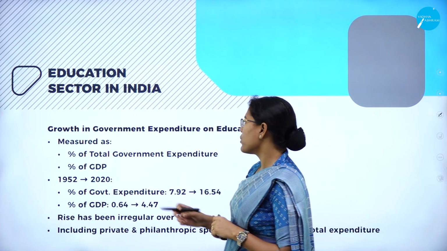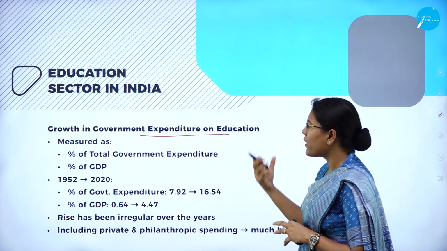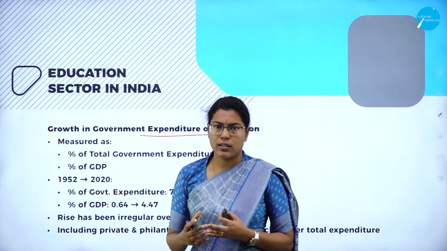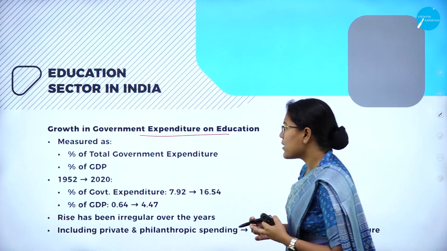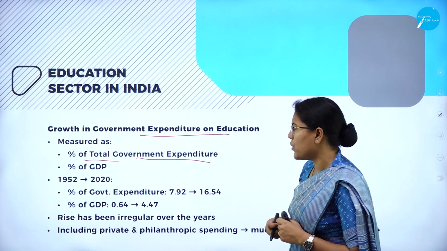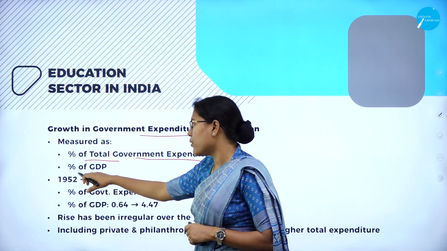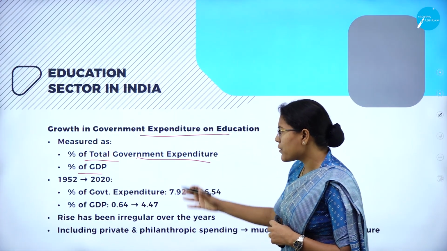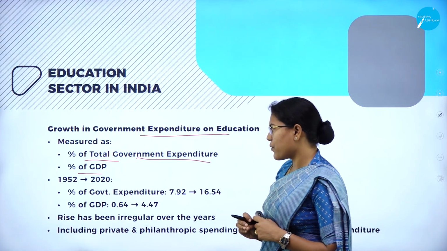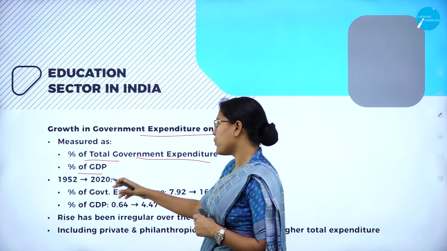So there is a growth in government expenditure on education as the government has realized the value of education. It is measured both in terms of percent of total government expenditure as well as percentage of GDP. We can look at the statistics from 1952 to 2020.